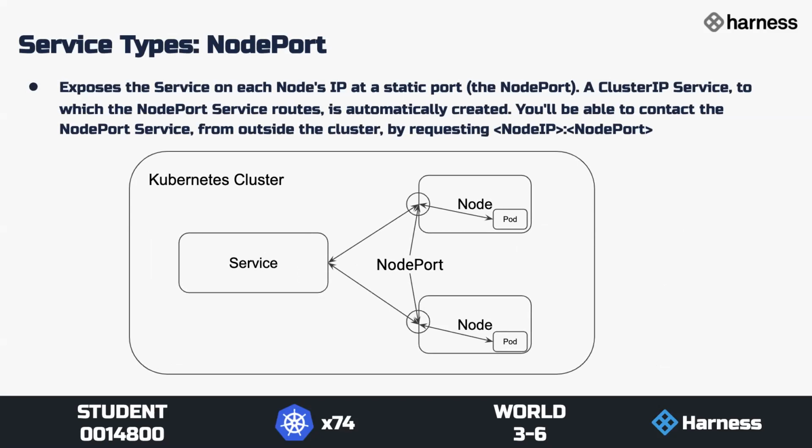You've got your nodes, and remember, nodes are the VMs or the actual servers. You've got pods on the nodes. If you wanted to interact that way, you could say, okay, the service is going to interact with this designated node port. Or if I wanted to talk to that pod, I would say, okay, what's the node IP and what's the port that I want to talk over? That's what's going to be happening there.